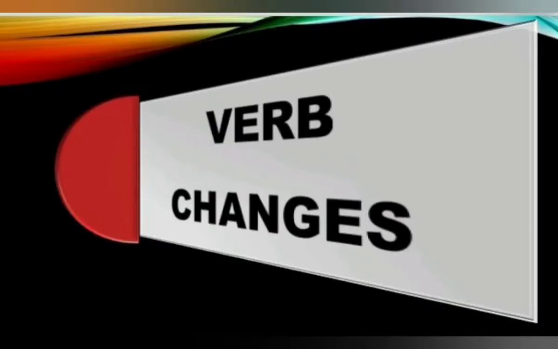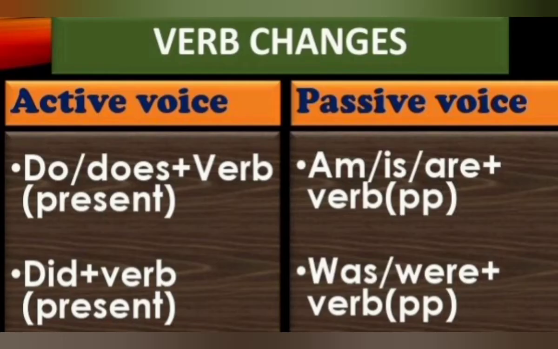So let's see some verb changes now. Looking at the verb changes, we know in simple present tense we have the helping verbs do or does. When there is do or does plus verb present form, in passive voice it changes to am, is, are, and the past participle form of the verb.